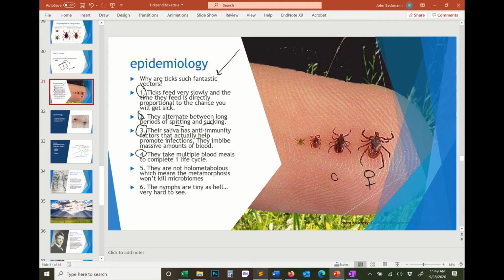So 3 blood meals: the larvae, nymph, and adult. Here's a female. Here's a male. What tick do you think this is? Look at this. It's pretty orange.